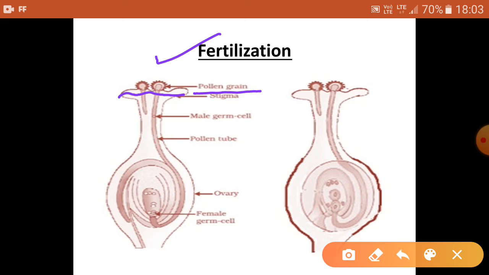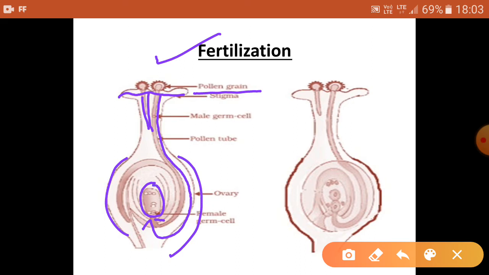After pollination, the next step is pollen germination, because the pollen grain extends a tube-like structure called the pollen tube, and this pollen tube develops and gets inside the female gamete. Here, this one is the ovary, and inside the ovary there is the female gamete.